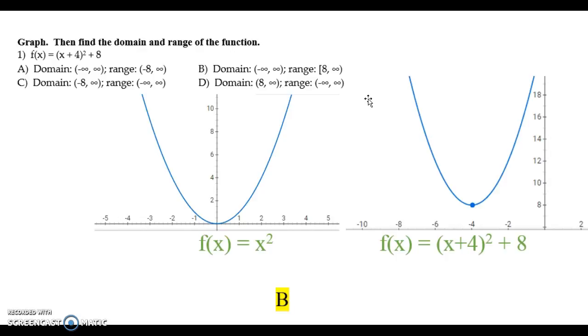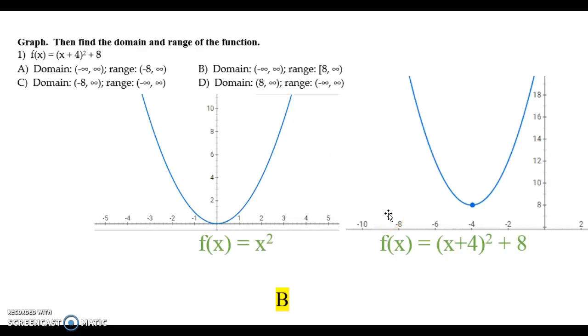So if an x value causes one of those things, we have to exclude it from the domain. But there's no division here, there's no square roots, so every x value works. No matter what x you plug in, pick any number you want, you will get an output, a y value. So our domain is negative infinity to positive infinity.